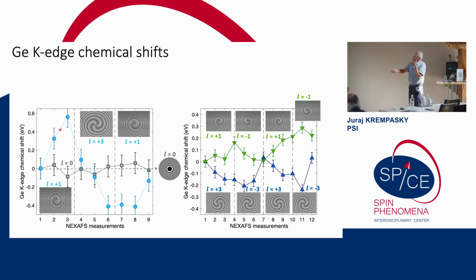And here, when we alternate OAM, +1, and why not +3, +1, there is a very clear shift of the K edge. The same happens also here, plus, minus, or -3, +3. So evident shifts, evident chemical shifts, and this must be related to the atomic displacements.